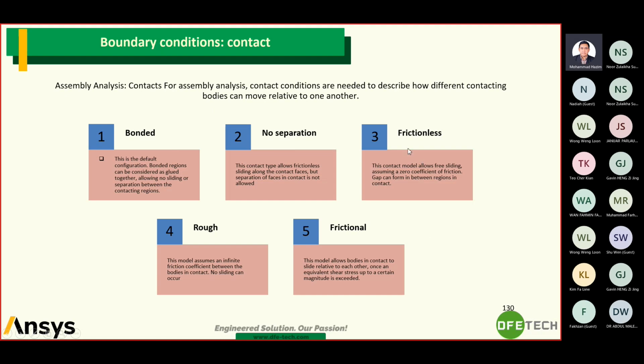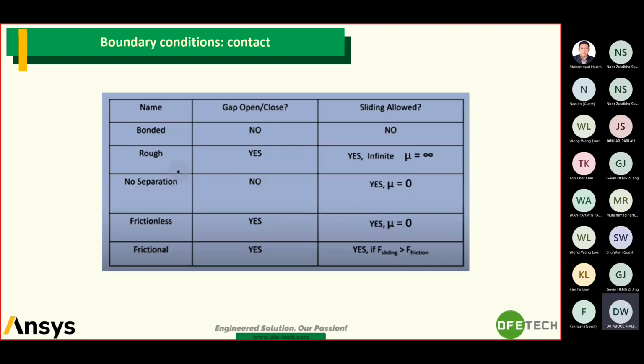Okay, this is the other. We will cover this later in the demonstration. So this is the summary for the contact. As I mentioned before, for bonded, it does not allow separation.